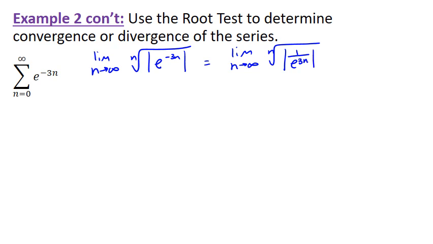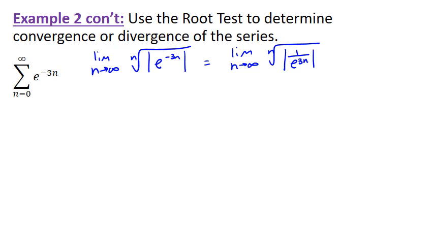When I rewrite this, I can kind of see what's happening here. First of all, I can eliminate the absolute values, because whatever I plug in for n, this is always going to be positive.